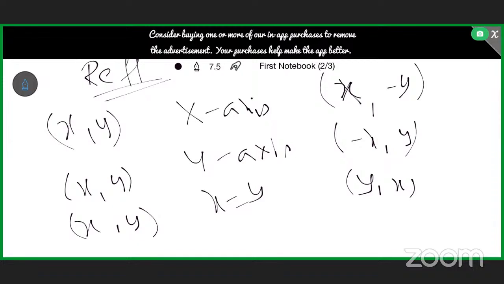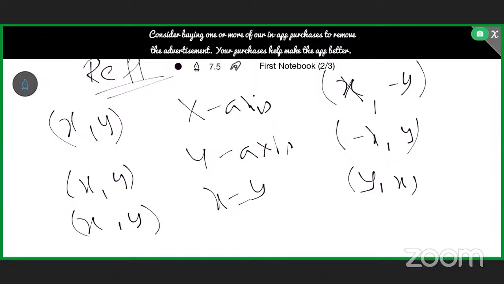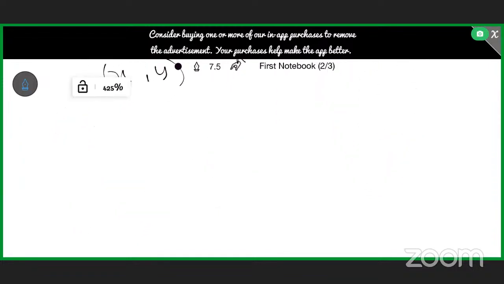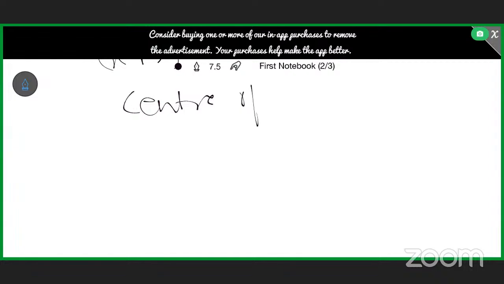Now I want to start a new topic, centers of triangle. I want to start, but I will just tell what are the centers of triangle we have. Whatever we discussed so far, I want you to revise and come tomorrow.